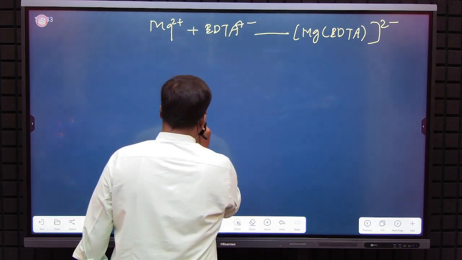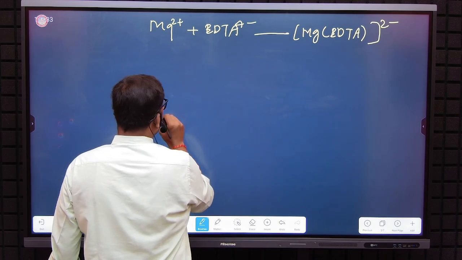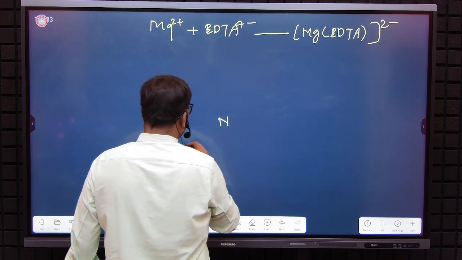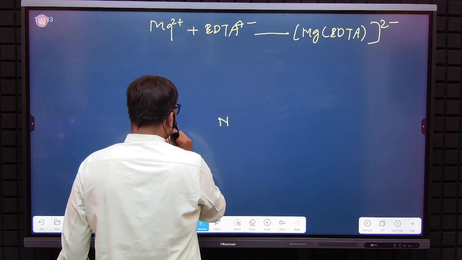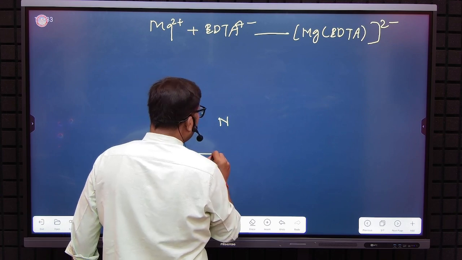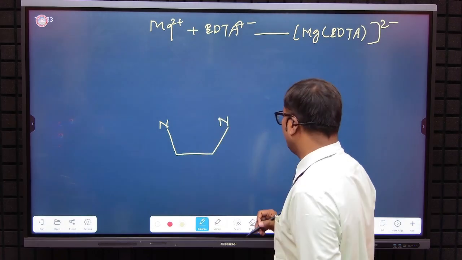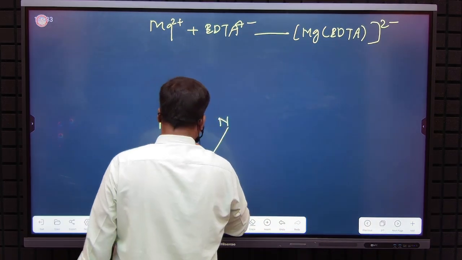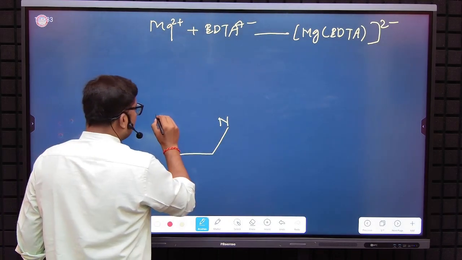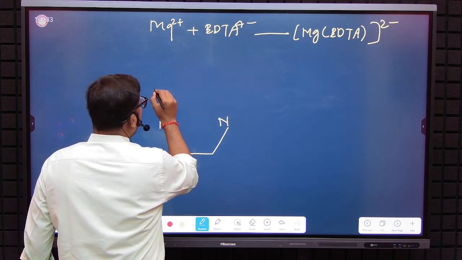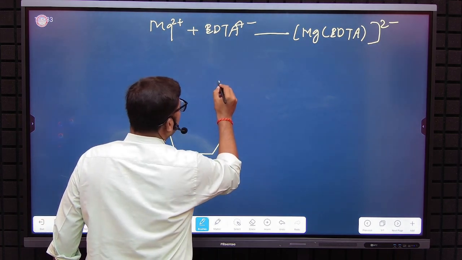So the complexation looks like that. So this is your nitrogen, right, and this is your nitrogen. So here this is your CH2 and this is your CH2, right? And now this is your oxygen and this is your oxygen.